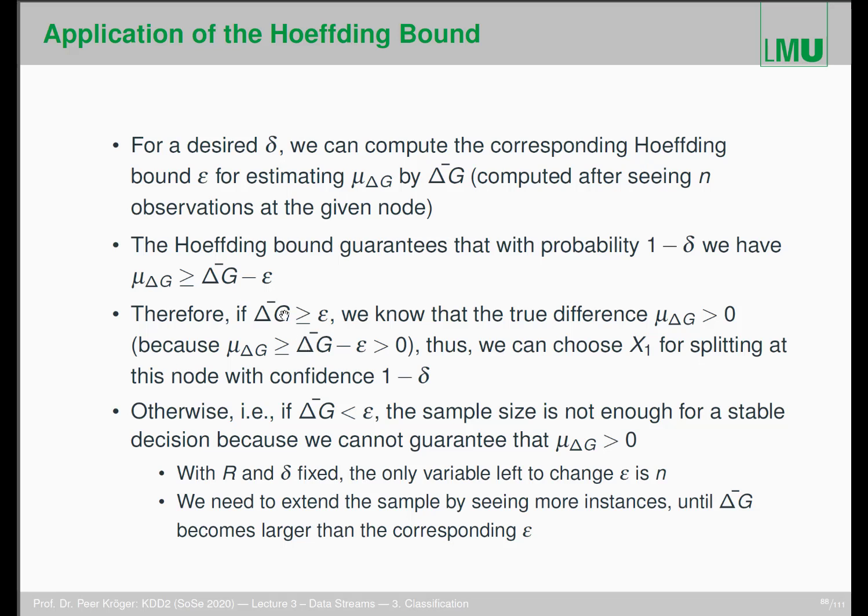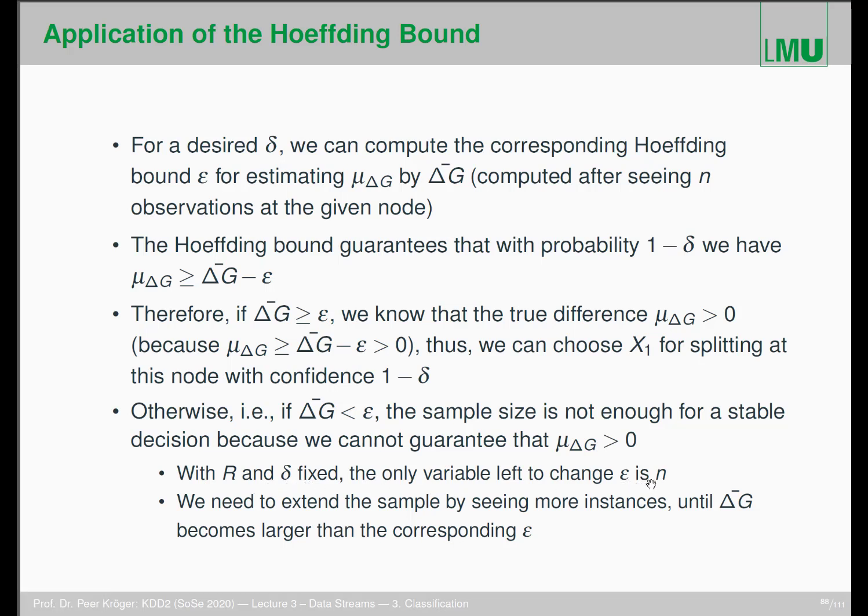Otherwise, if delta G prime is not greater or equal to epsilon, so it is smaller than epsilon, the sample size is not enough to make a decision with a confidence of 1 minus delta. So the decision is not stable. So far, we cannot guarantee that we can choose x1 with a given confidence, because with R and delta fixed, the only variable left to change epsilon is n.